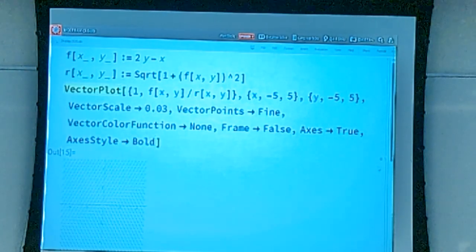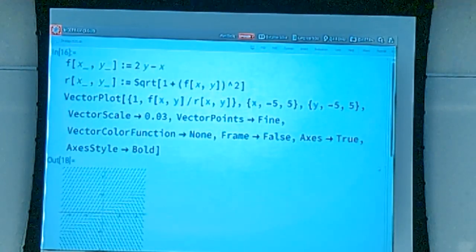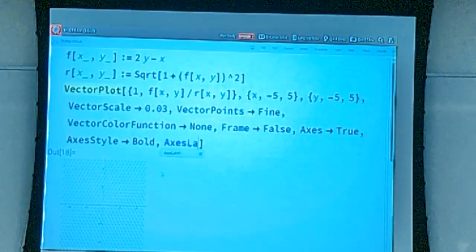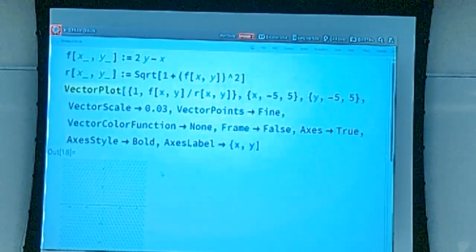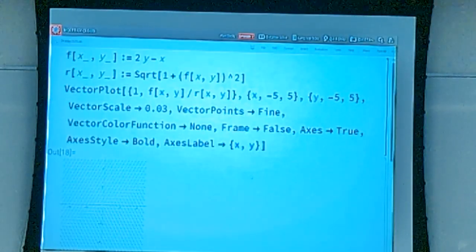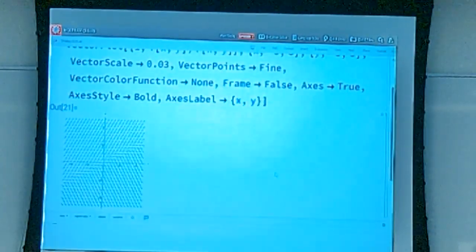So I can, for instance, make the axis style bold to make them stand out a bit more. You can label them. Oh, that looks pretty good. That would be our direction field for this first order differential equation.